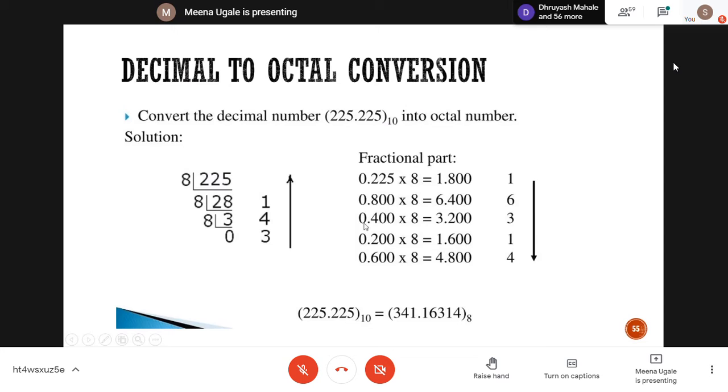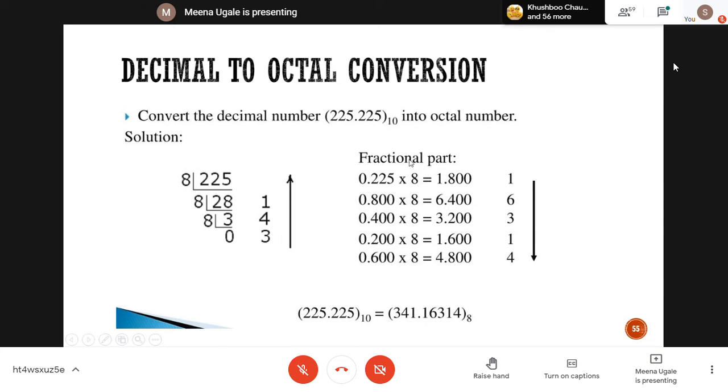Now, if you have a number like this, which has a combination of both fraction as well as integer part. Purposely I am taking the number 225.225. So for the integer 225, see the left hand side, divide it by 8, normal logic, read the number.